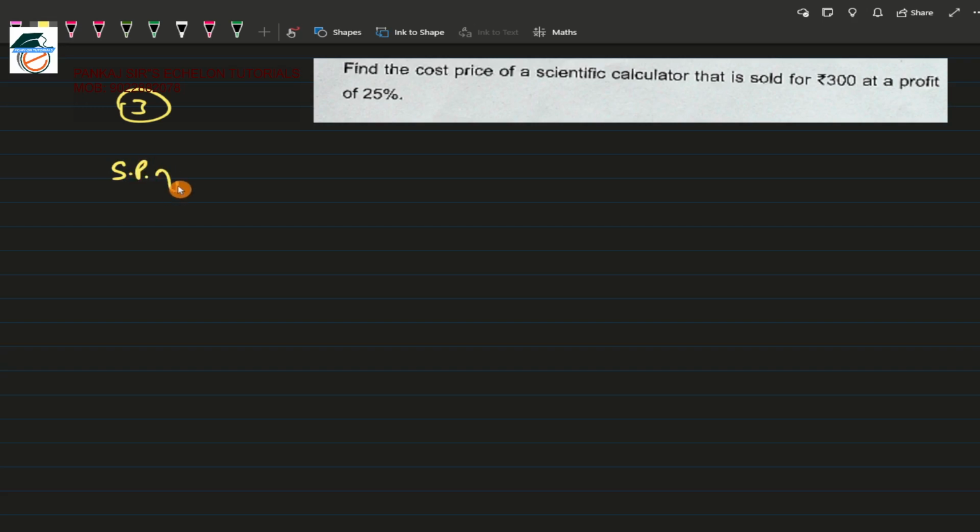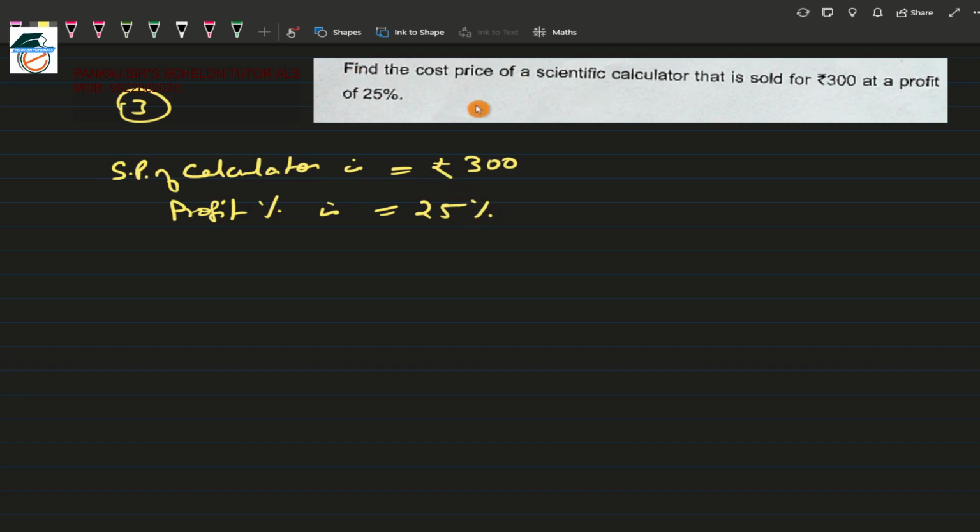Selling price of the calculator is equal to rupees 300, that is given to you, at a profit of 25%. So profit percent is given to you as 25%.